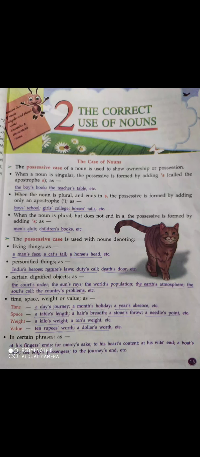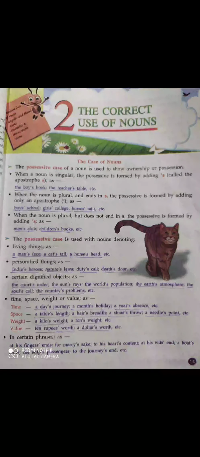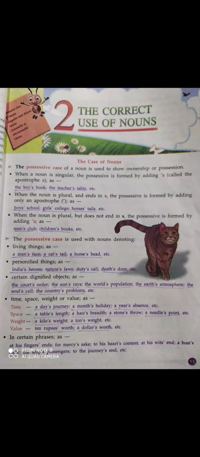Man is living, cat is living, horse is a living creature. So with a living creature or living thing, the possessive case or apostrophe s is used. Apostrophe s means it is a possessive case, it shows ownership or possession.